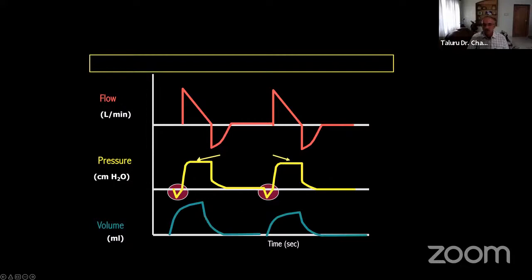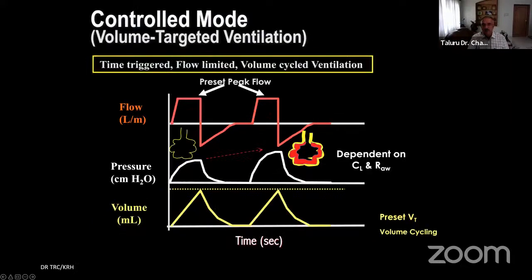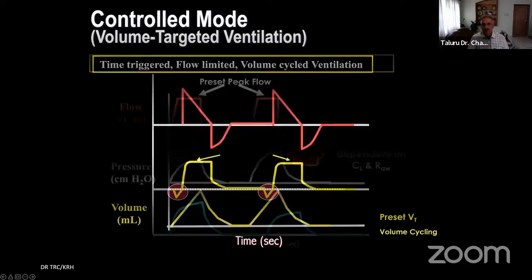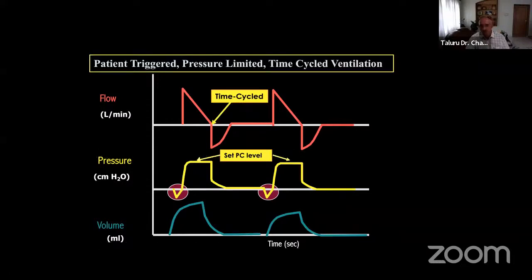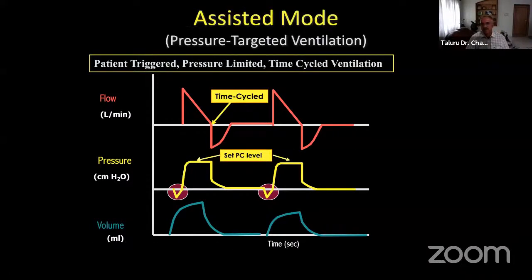Like the one we saw here, pressure changes, whereas here, pressure doesn't change. This is prefixed, set PC level. You have to look at if the patient starts producing lesser volume, then you have to know something has happened and do the same deduction.